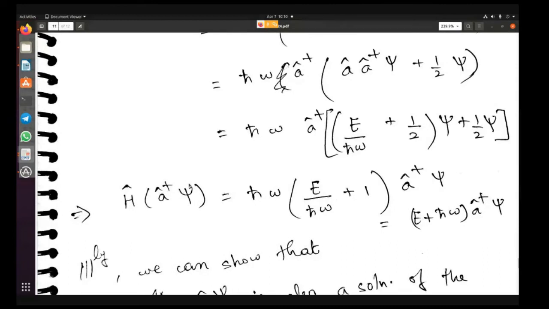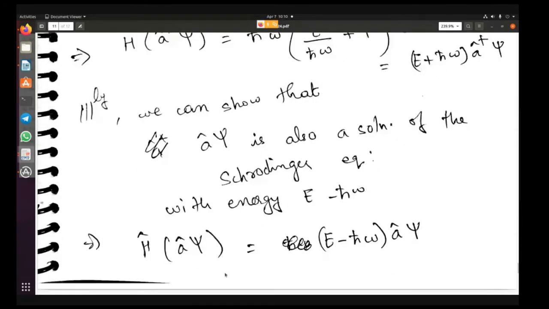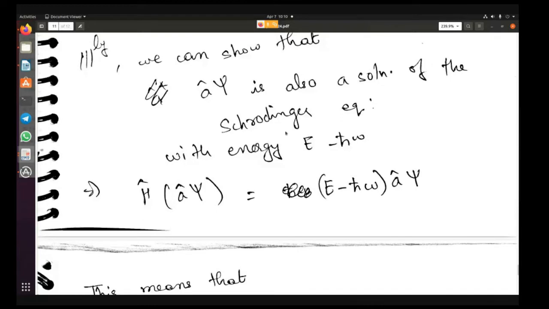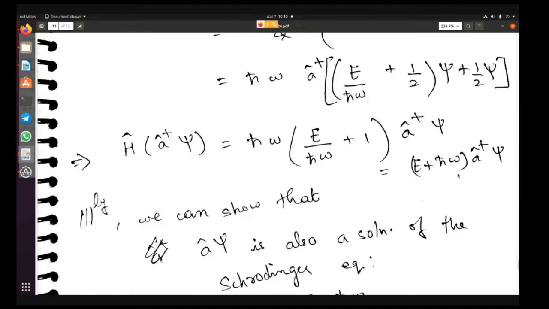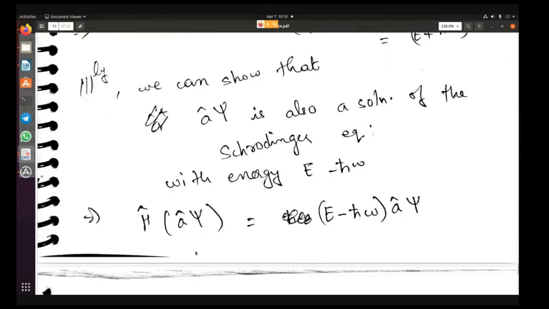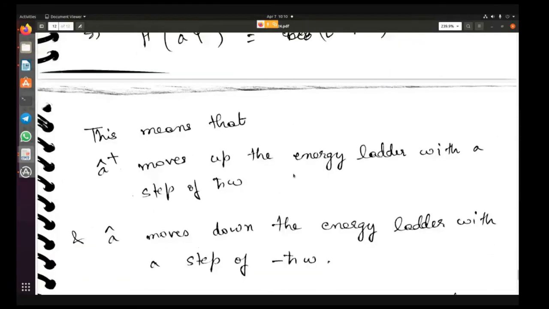A dagger is known as the raising operator because it raised the energy value by H cross omega, and A is a lowering operator because it lowers the energy value by H cross omega. So the eigenvalue that you get becomes E minus H cross omega, and here the eigenvalue that you get is E plus H cross omega. So A dagger is the raising operator and A is the lowering operator.